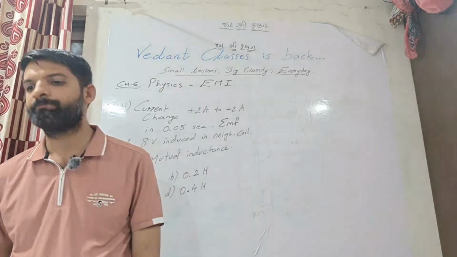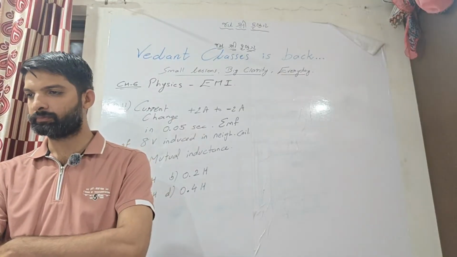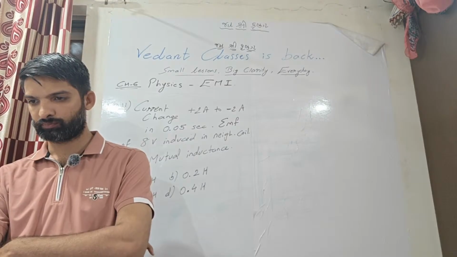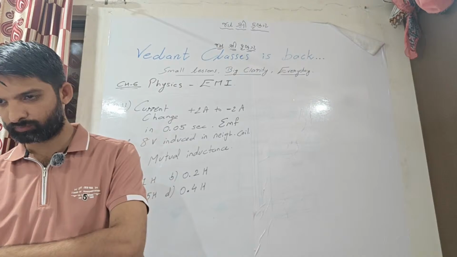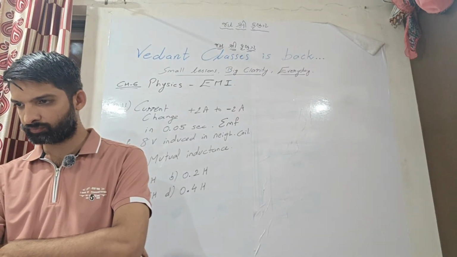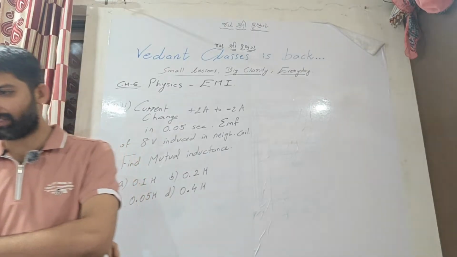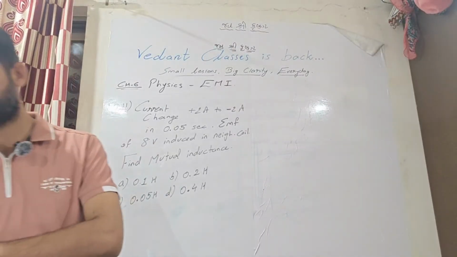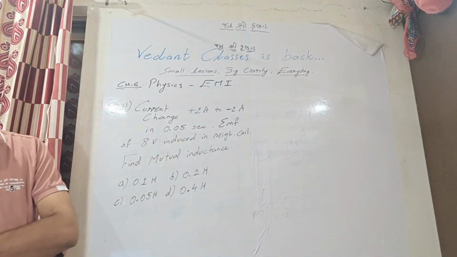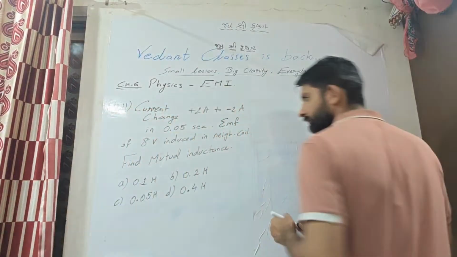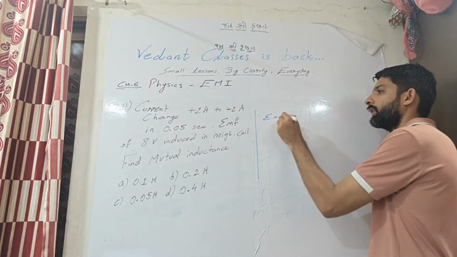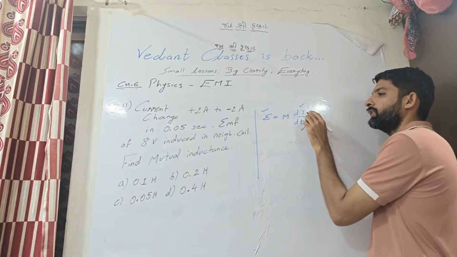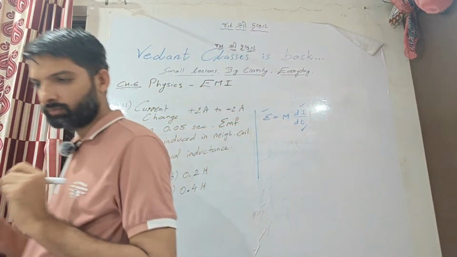Anyone getting the answer? Okay, option D, 0.4 Henry. Okay, let me tell you the formula. Epsilon is equal to M di by dt. Everything is given. Here you need to take care what current change you will take. From +2 ampere to -2 ampere, how much will the current change?